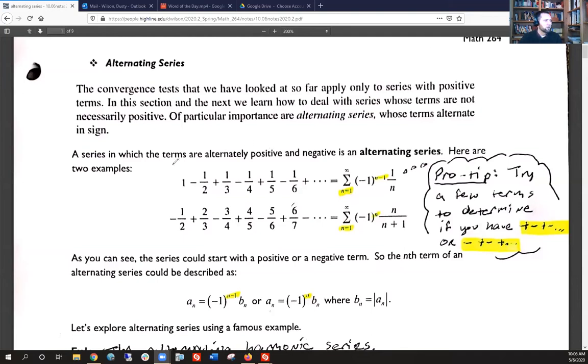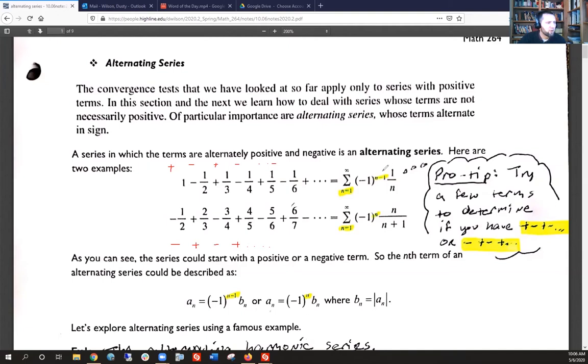So notice that this top example goes plus, minus, et cetera, et cetera, et cetera. And the lower example goes minus, plus, et cetera, et cetera, et cetera. So both of these would be alternating series where the terms are alternating between positive and negative.